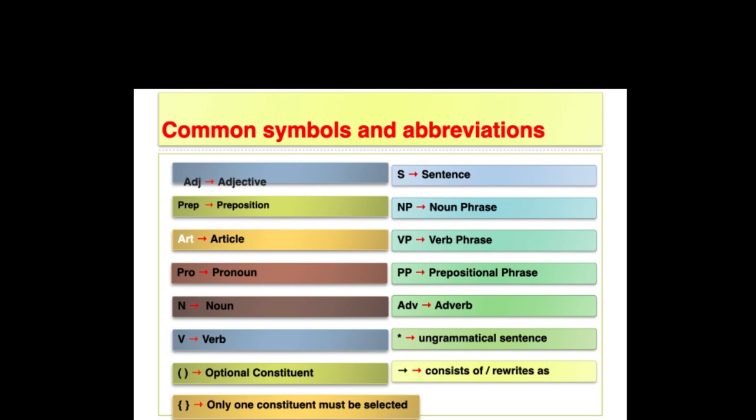And also you have the arrow. The arrow means consists of something. What else? We have also PP, VP, NP, and S stands for sentence. Okay. So these are the most common symbols and abbreviations, and we will make use of them during this course.